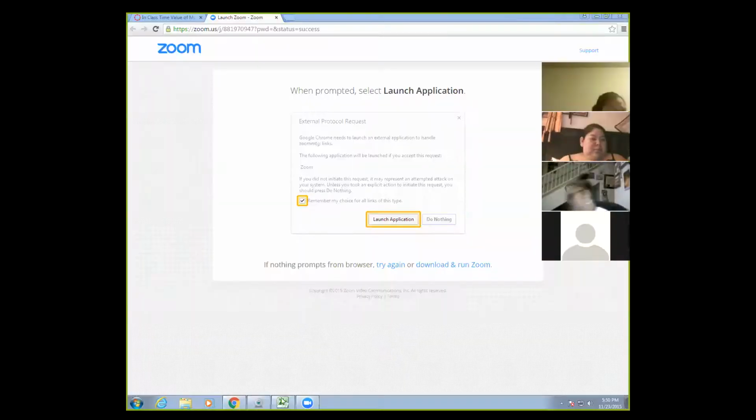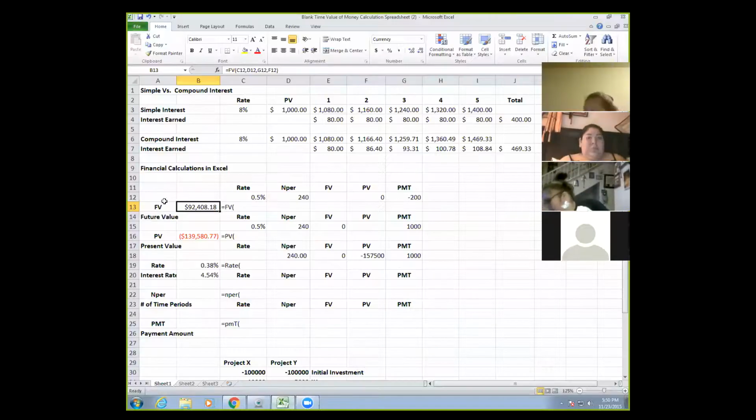Let me just share my screen real briefly here. All right. So it's a future value question. You're finding something in the future. But this is one of those where you have to think in months, not years. So the rate and the time periods both have to be in months. The rate was 0.5%, which is 6% divided by 12.